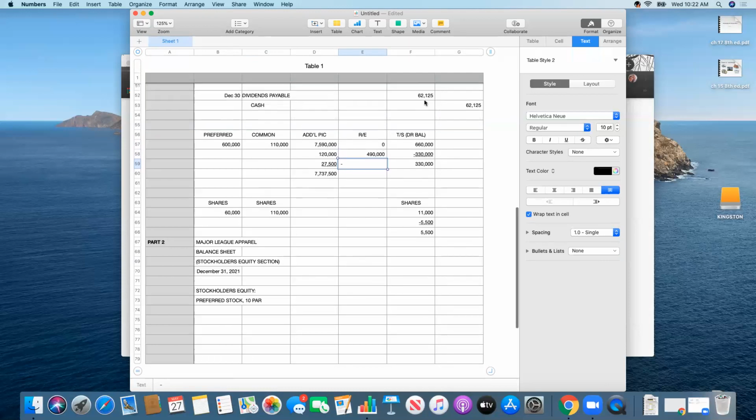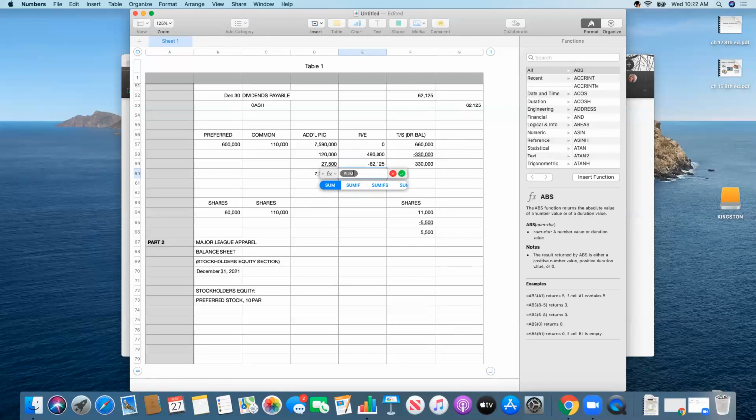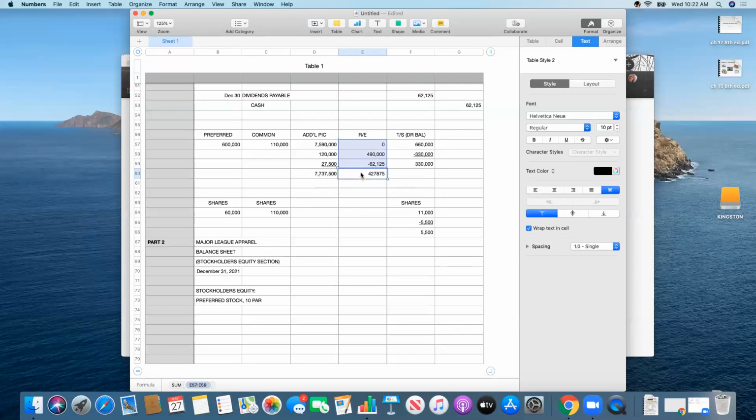There it is. So what's the ending balance? I'm glad I saw that, because otherwise you get to that part of the problem and you say, what the heck? What am I going to do?